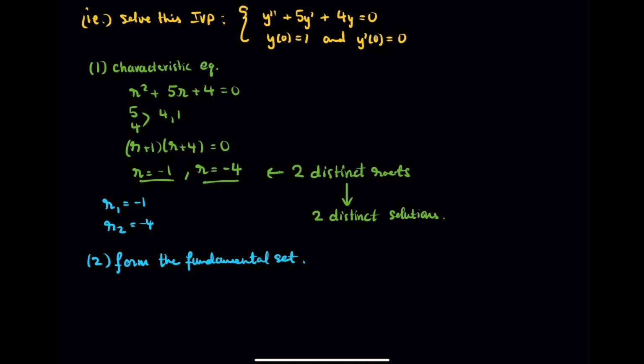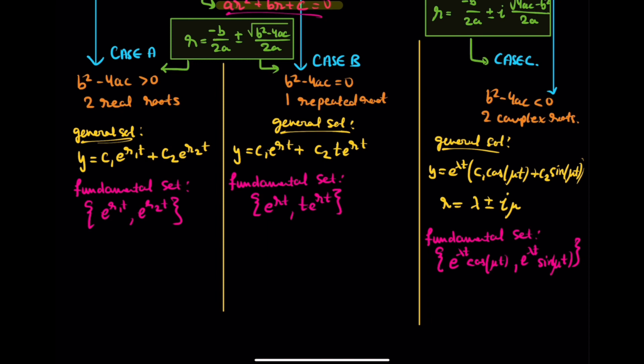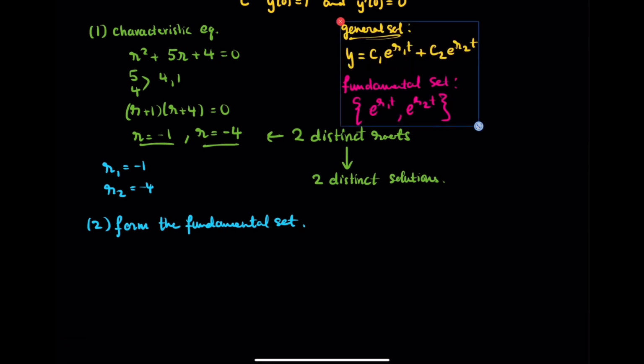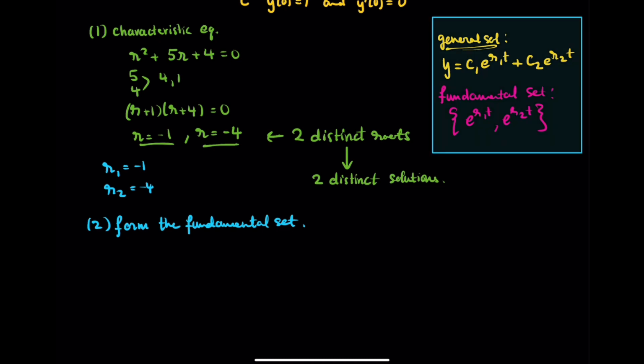In case A, we had all this, so I'm going to copy the general solution and the fundamental set right here in a box. This is what we're going to work with.